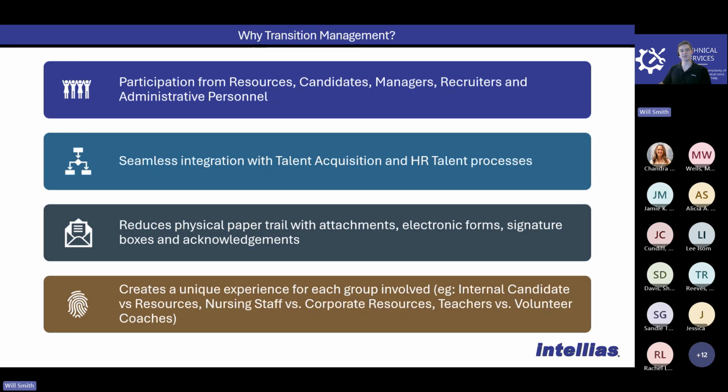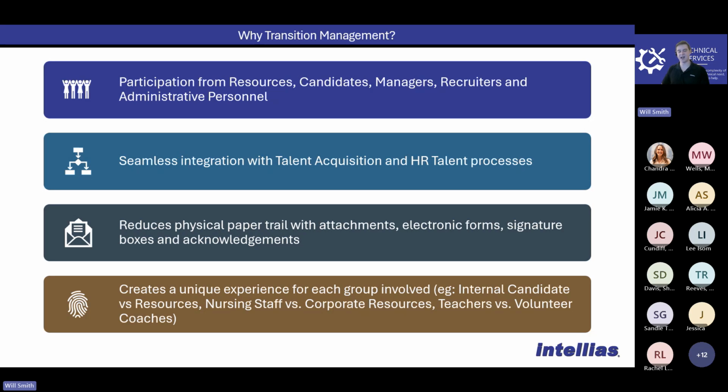It can also reduce the physical paper trail enormously. So if you're an organization that's using physical documents for things like tax forms today, or maybe you have a packet that your employees need to fill out, signatures that you're getting physically, acknowledgements that need to be signed, physical employee handbooks, things like that, this can reduce paper trail enormously by digitalizing all of that.